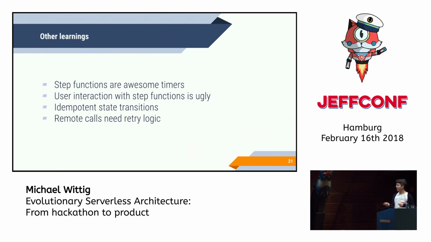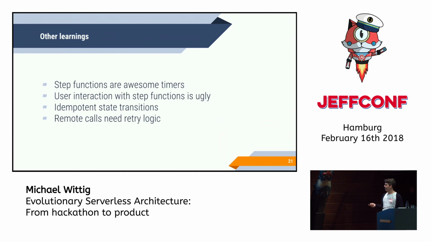It's very important to have idempotent state transitions in your system. If you use something like Lambda, which is a distributed system, it is possible that the function is executed multiple times even if you only called it once, so that's really important. Otherwise, you will end up with multiple entries in your database.